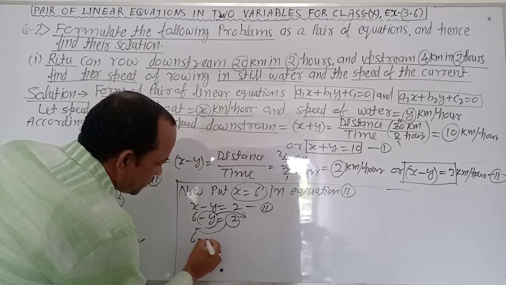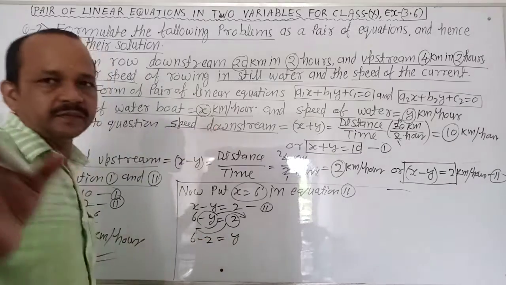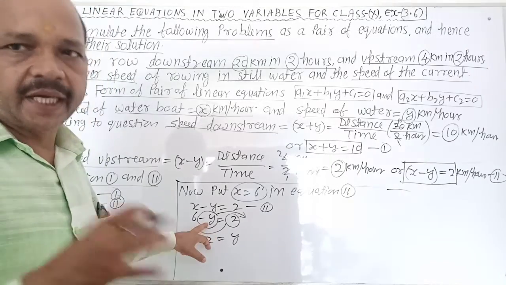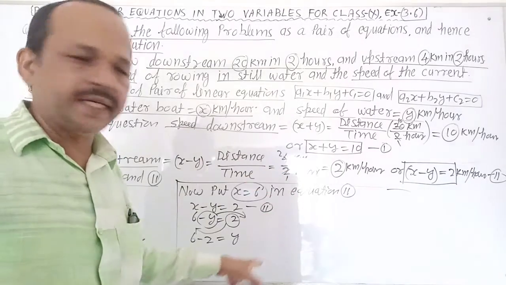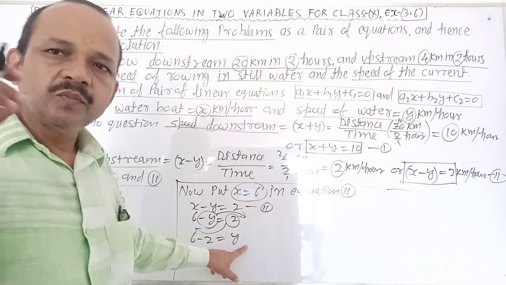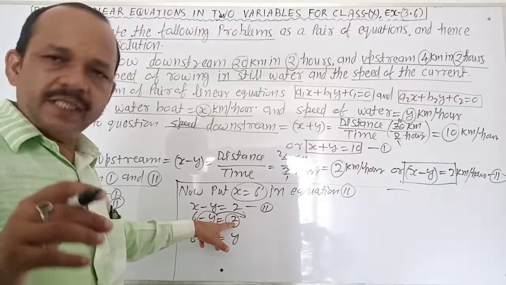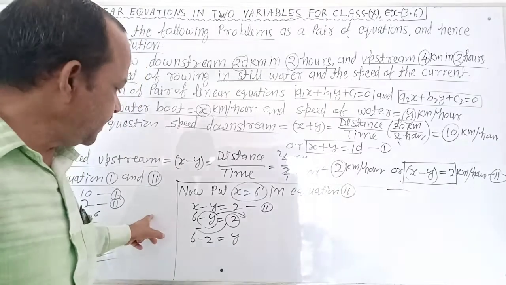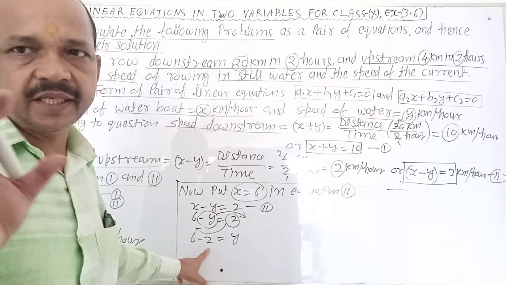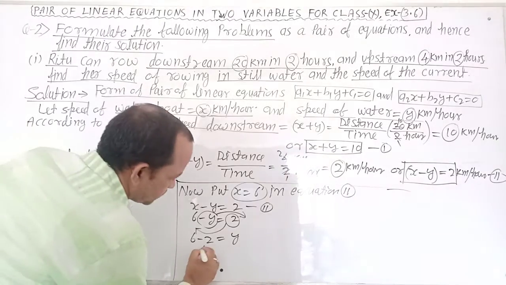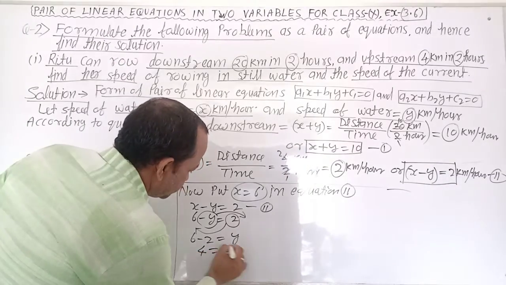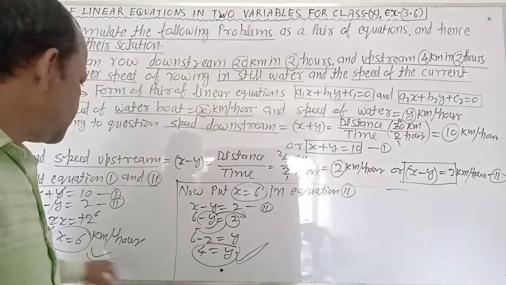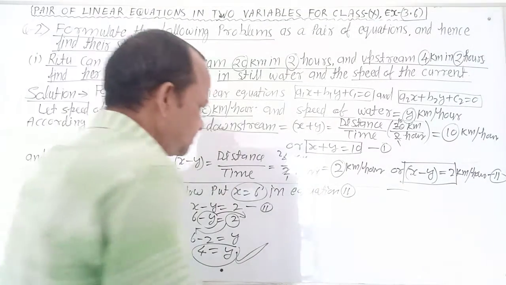It becomes 6 minus 2 equal to y. Here y with negative sign, when you write it on the right side, then it becomes positive. Here 2 is with positive sign, when you write it on the left side of equal, then it becomes minus. Clear? Now subtract it. 4 equal to y. You find y equal to 4, x equal to 6.